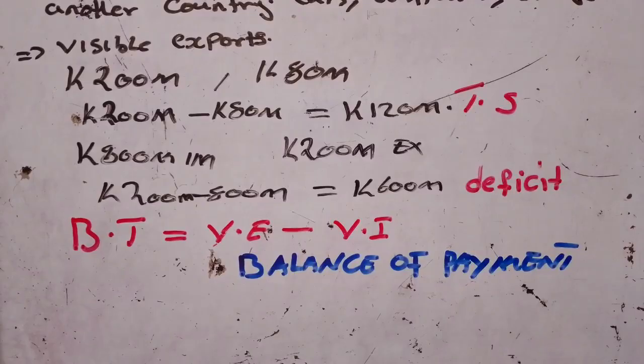Hear me clearly. Don't confuse balance of payment and balance of trade. So balance of payment is the difference between visible export plus invisible export and visible imports plus invisible imports.